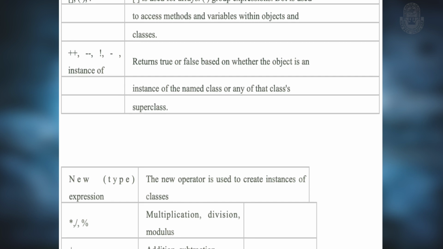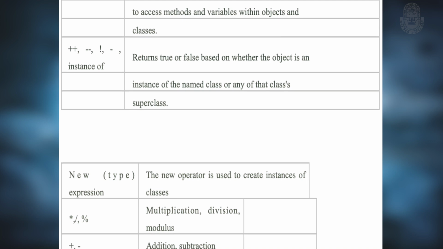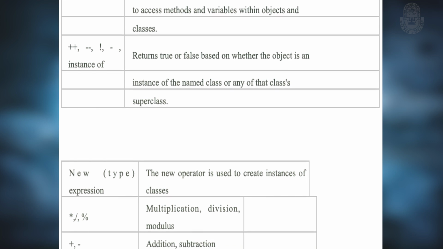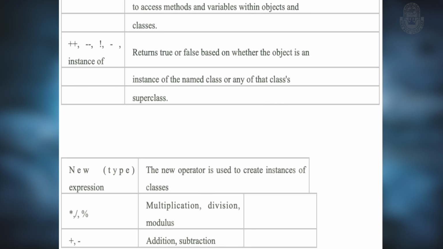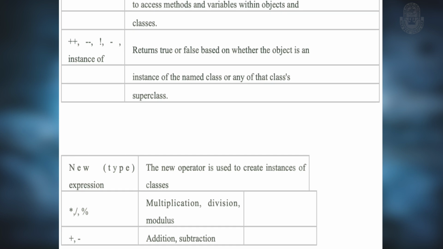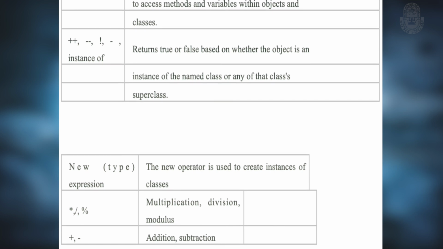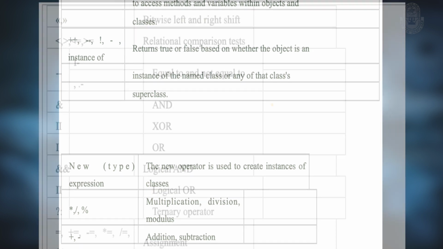The new type expression: the new operator is used to create instances of classes. The asterisk, slash and percent symbols denote multiplication, division and modulus. Plus and minus denote addition and subtraction.